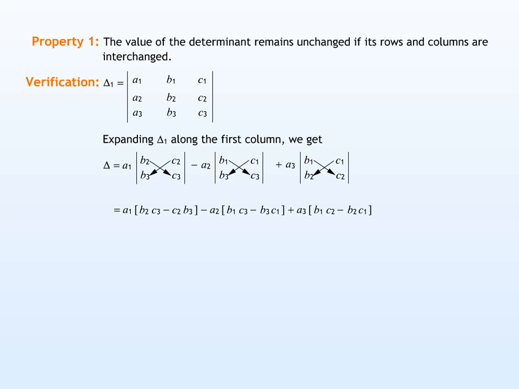Using this property, we can conclude that if A is a square matrix, then determinant of A is equal to determinant of A transpose. Let us verify the property by example.